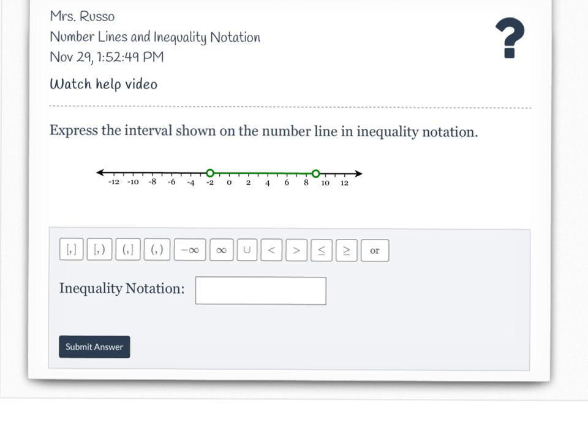This problem is kind of backwards from what we just saw. It says express the interval shown on the number line in inequality notation. So we're going to express that little line segment on the number line using inequalities. Again, we're going to go left to right, smallest to biggest. We would do negative 2, and I'm not going to use my keyboard here because the iPad's doing weird things. Negative 2 is, because it's an open circle, I'm going to use less than.